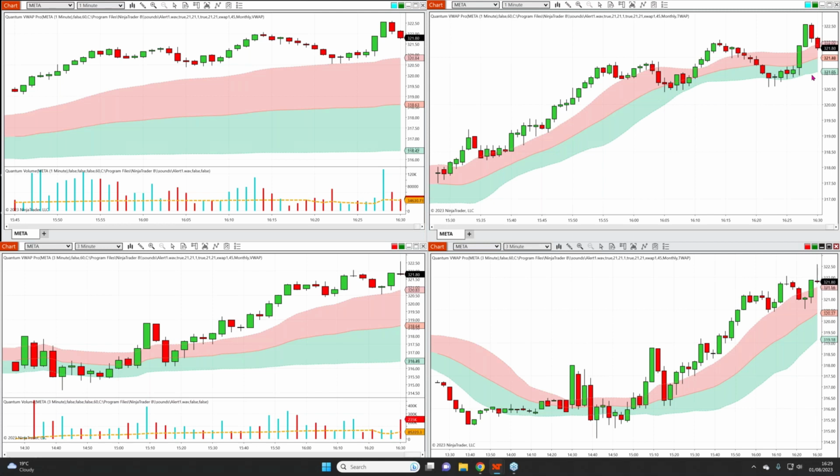And that is an essential component, which is a great sister indicator, if you like, to the VWAP, which is why we use them in combination.